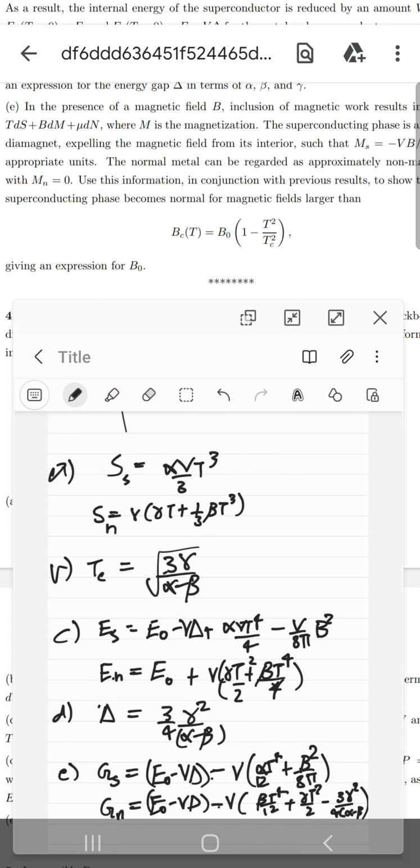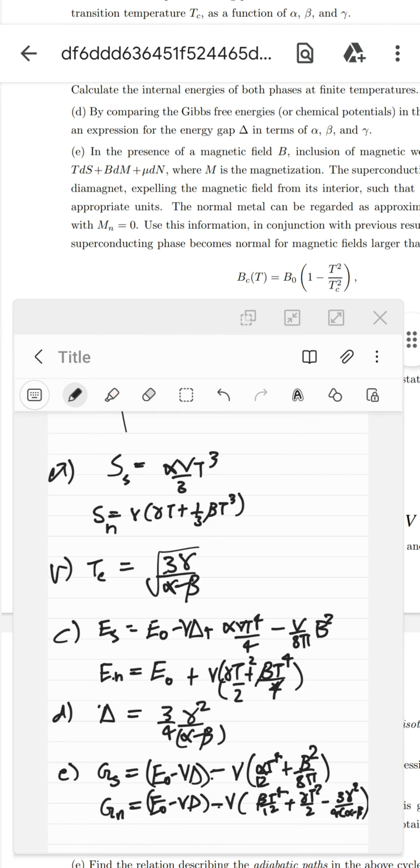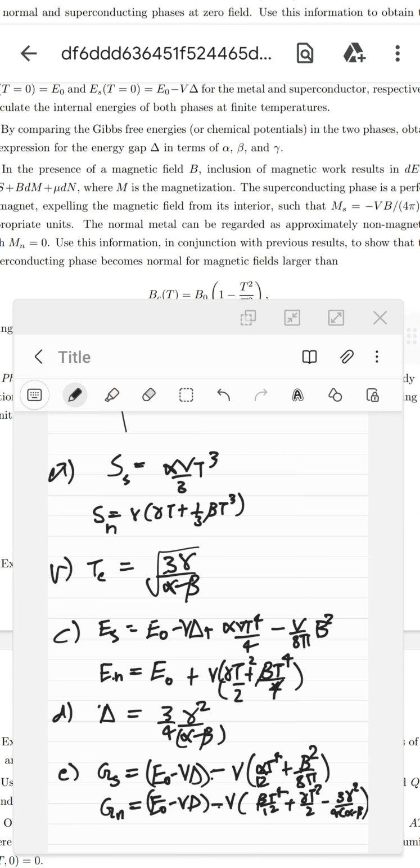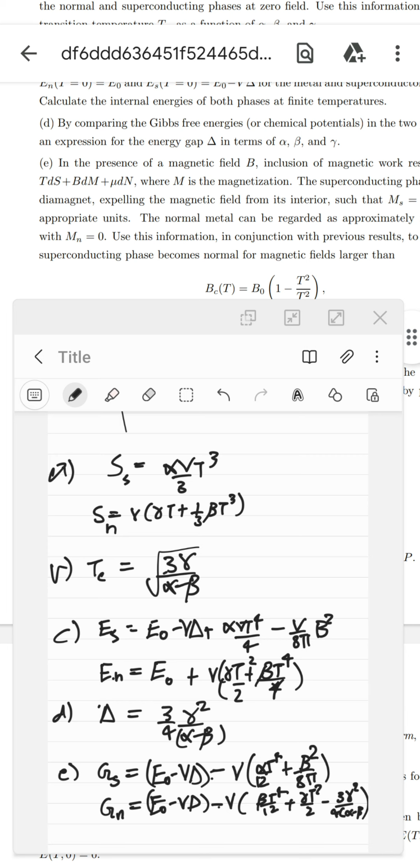Where did we go wrong? I don't think we actually even went wrong in the first place. This volume B square by 8 pi, that's the scenario. Mu dn, but n is not changing, so we don't have to worry about that. You just have the Gibbs energy, what's the big deal?